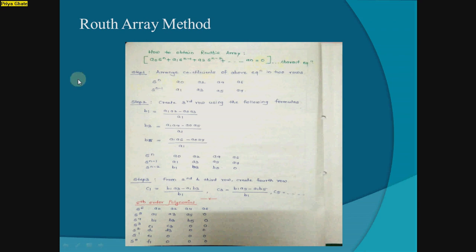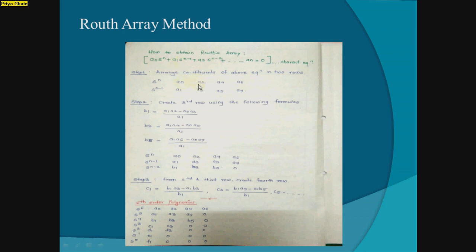Step 1 to solve the Routh array: arrange the coefficients of the above equation in two rows. It means s^n, s^(n-1), and so on. In decreasing order we have to write those s terms. Now a0, a1, a2, a3, a4, up to an. We have to write those terms like this.